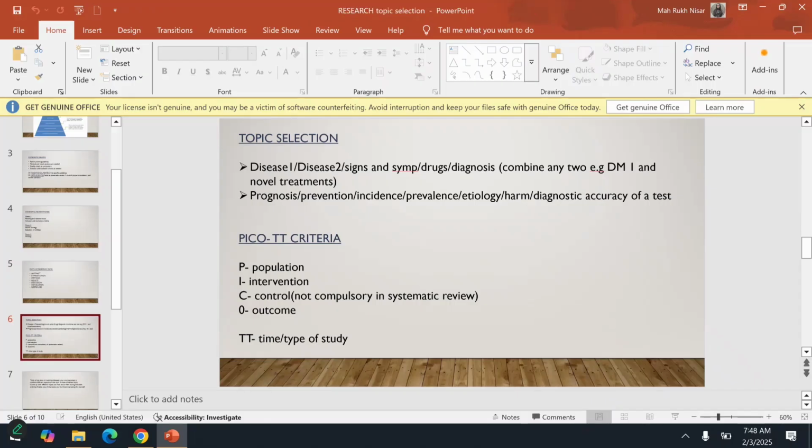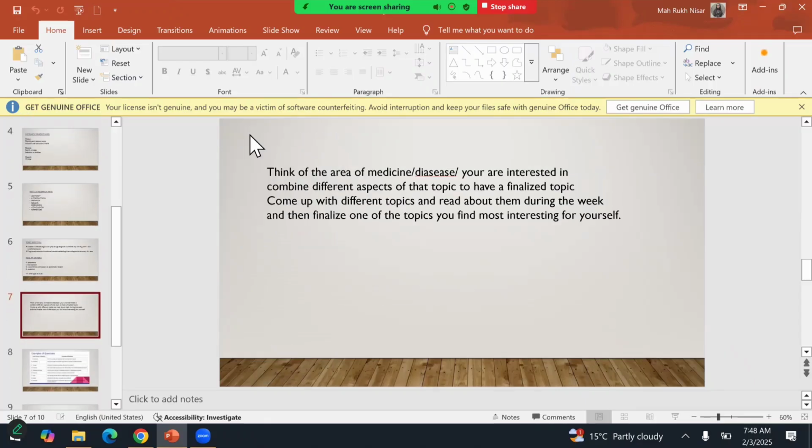Now we are starting our systematic review, and our first task is topic selection for our research paper. For your topic selection, you have to think of the area of medicine or the diseases that you find interesting, and you have to combine different aspects of that topic and come up with the final topic.